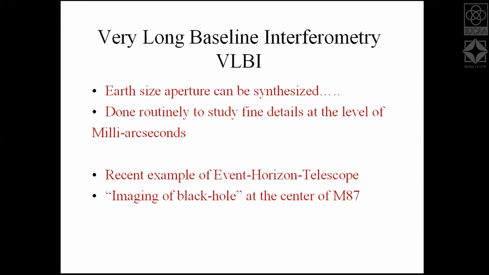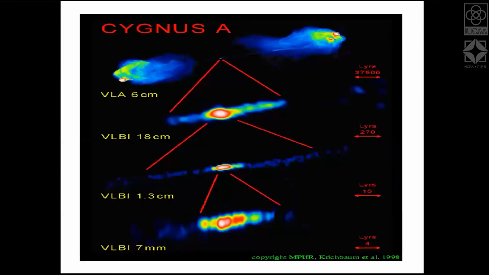You know that VLBI is also routinely used these days, where you can synthesize an Earth-size aperture and get resolutions corresponding to what you would get if you had a telescope of that size, going down to milliarcseconds routinely. All of you must have seen the news in recent times about the Event Horizon Telescope, which imaged the black hole at the center of M87. It was possible due to this technique.